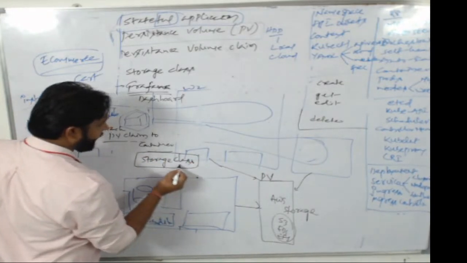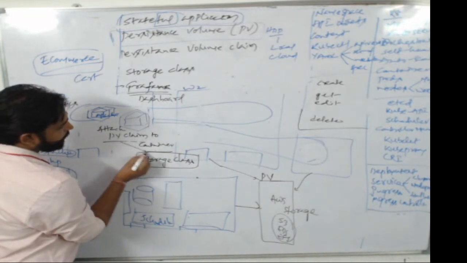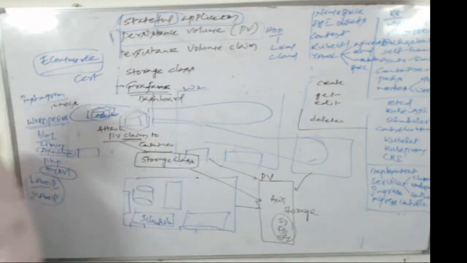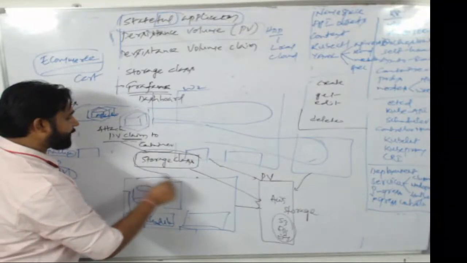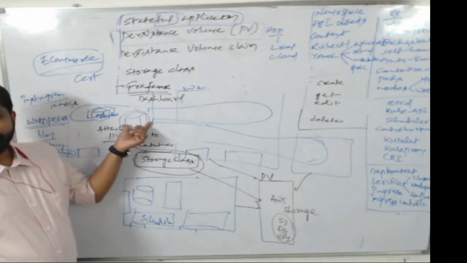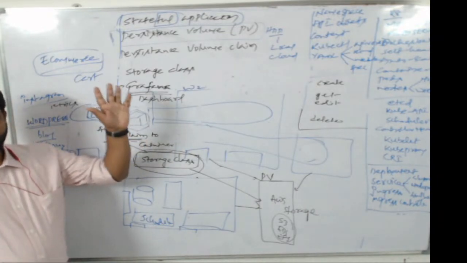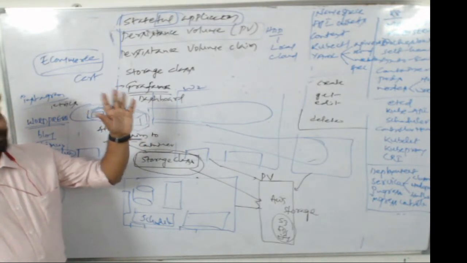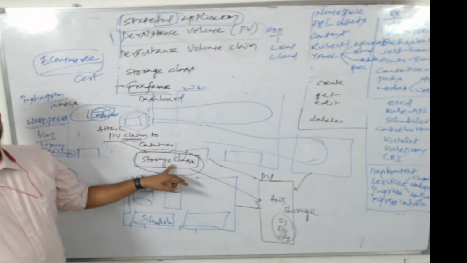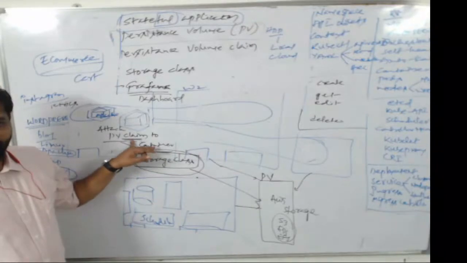This is the object that executes the claim and allocates the persistence volume. So it is the manager kind of thing, the middleman, the storage class that does all the things. So the pod or the container says, okay, I have a claim for persistence volume. And who does it say it to? To the storage class. Then the storage class verifies the claim.